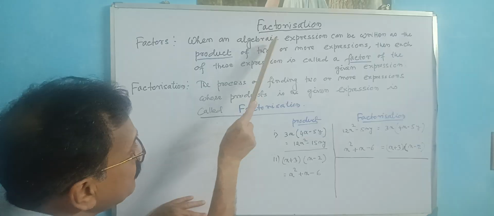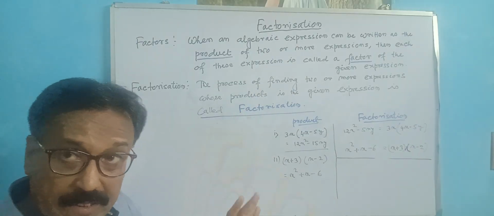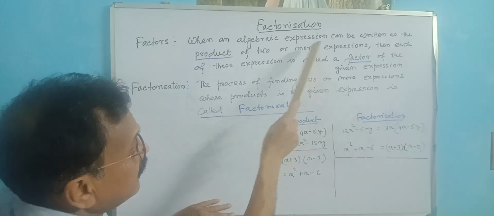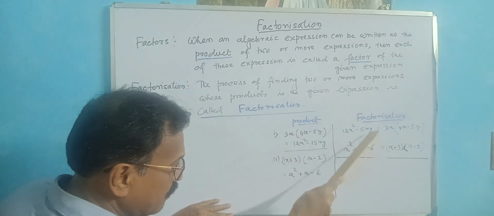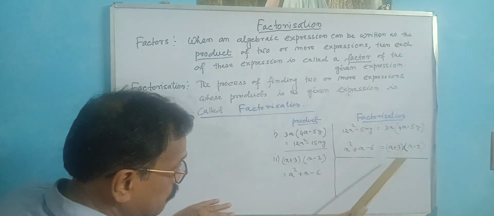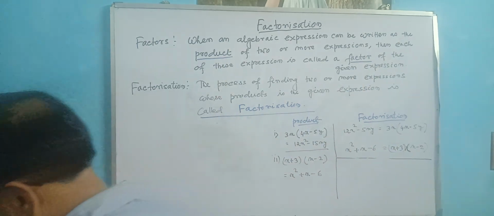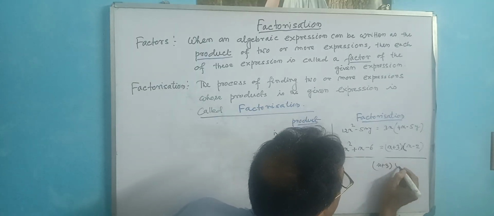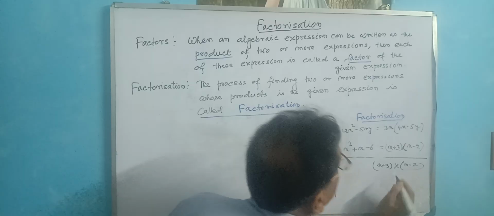When an algebraic expression, try to understand well. This algebraic expression can be written as the product x plus 3 into x minus 2.